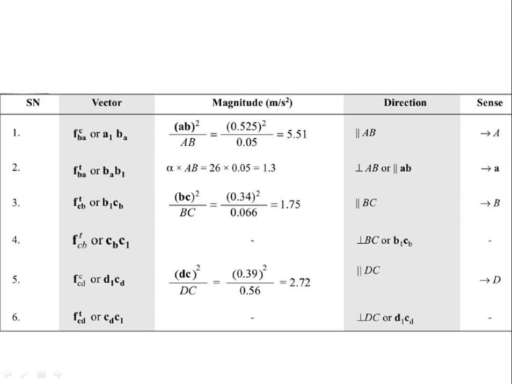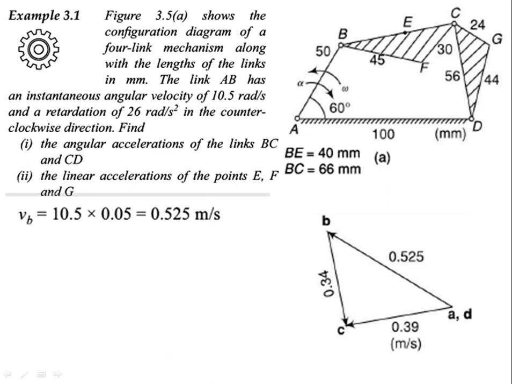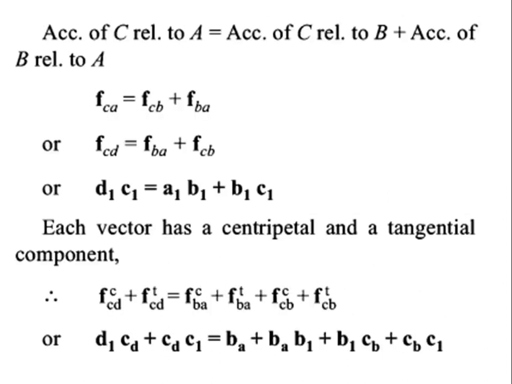So it is B1 to CB and the value is 1.75, and it should be parallel to BC. Parallel to BC means the same as the link BC.